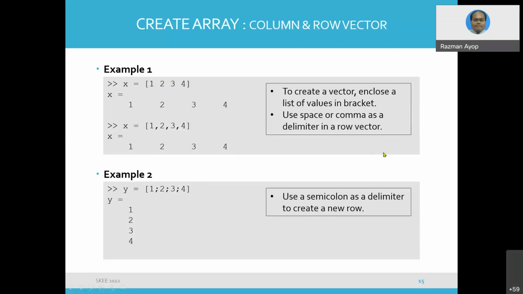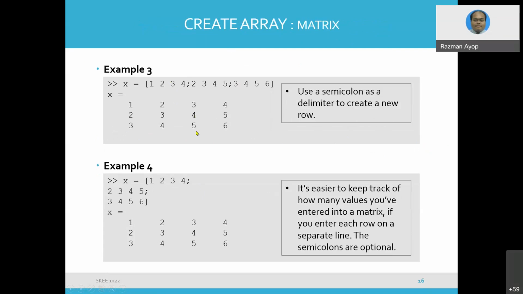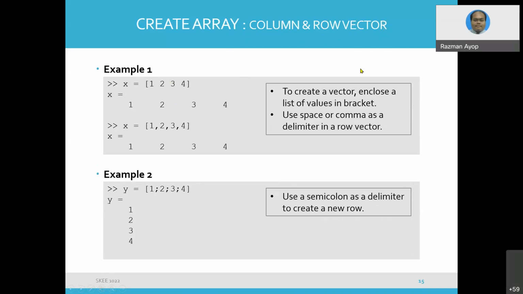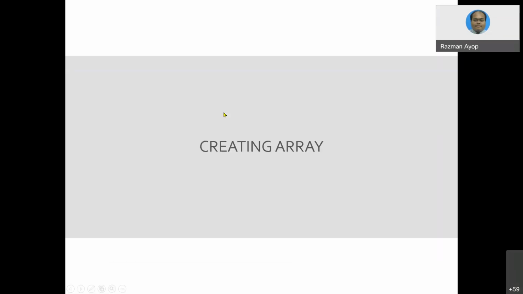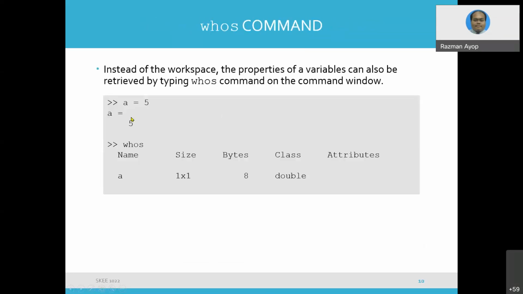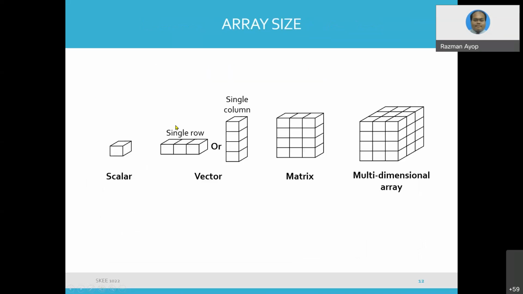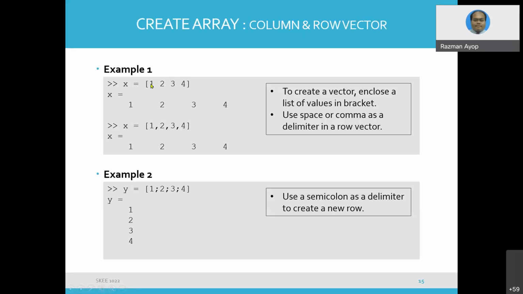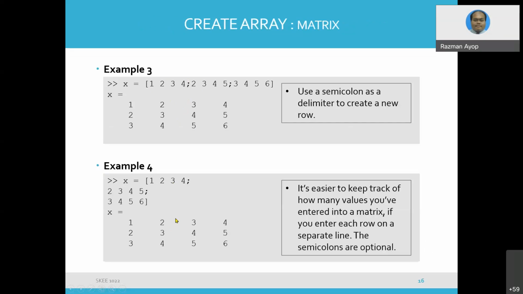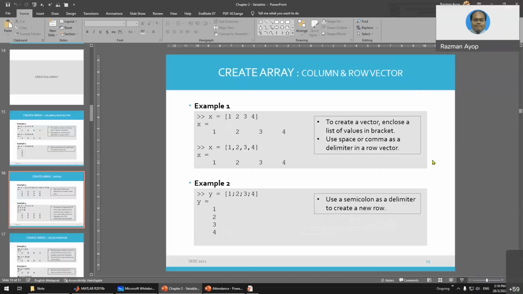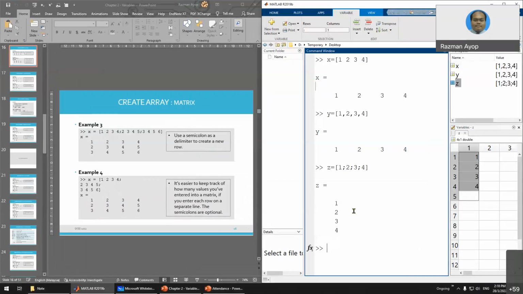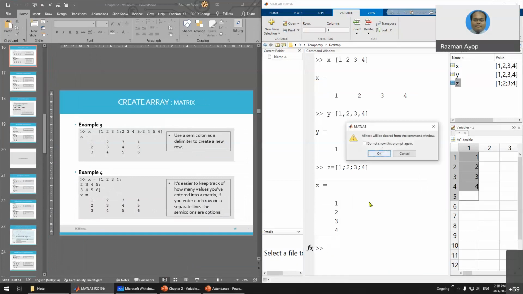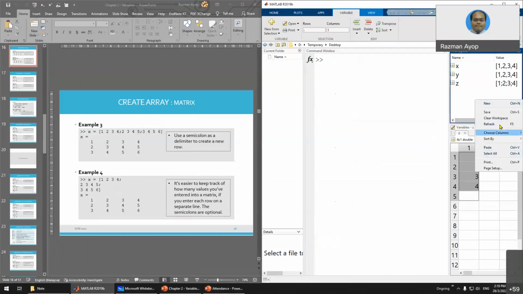So what next? How to create a matrix. You already know how to create a row, and at the beginning you already learned how to create a scalar. And now a vector. Next, how to create an array or matrix. Let's clear first.